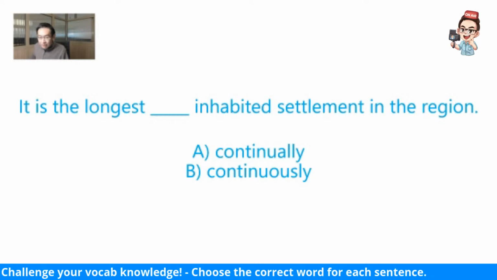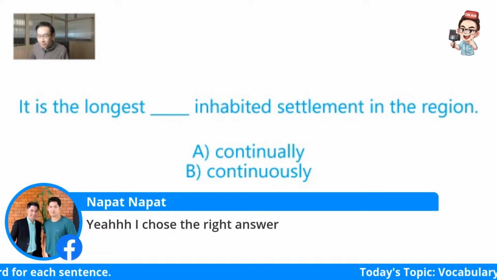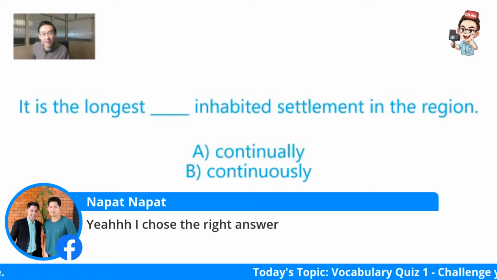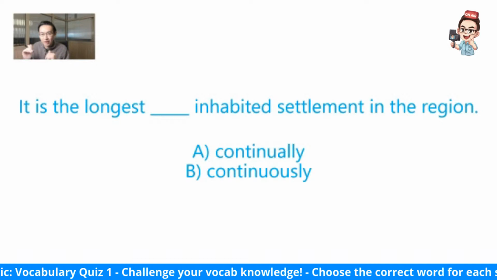So have a guess. What's the best answer to this one? This is our 4th sentence. We have 10 today, by the way. Yes, congratulations, Kunapat. You chose the right answer. That's great. Have a go at this one.